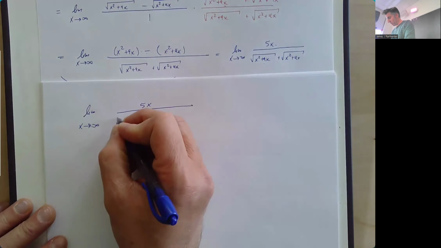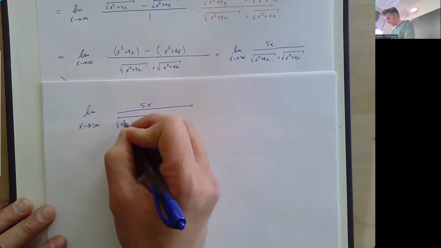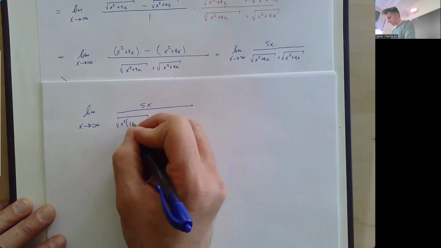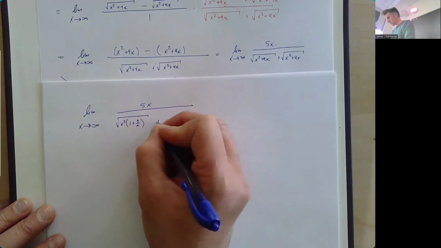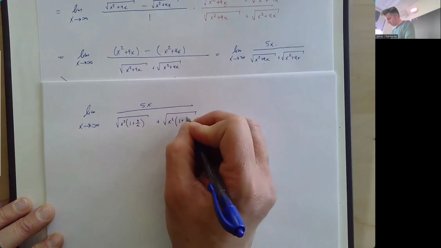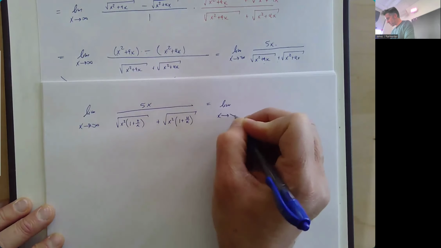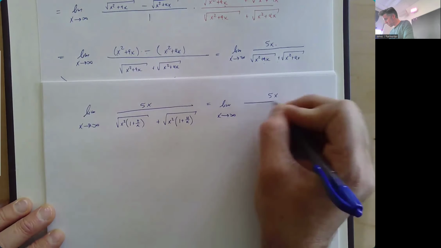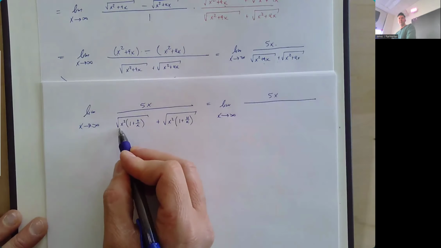I'm going to have the square root of x squared times 1 plus 9 over x plus the square root of x squared times 1 plus 4 over x. What's the square root of x squared?